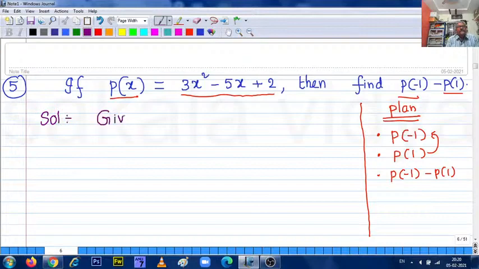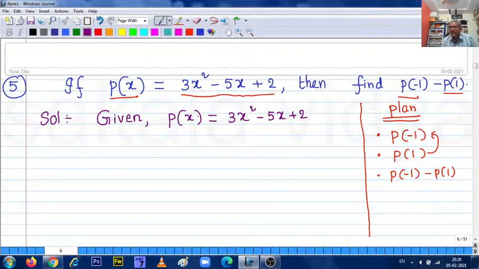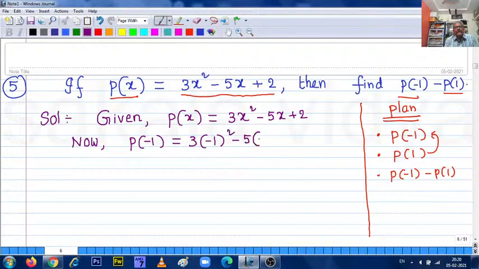Given, this is the given data: p of x equals 3x square minus 5x plus 2. First, p of minus 1 we need to find. How to find p of minus 1? In the place of x, write minus 1. That is 3 times minus 1 square minus 5 into minus 1 plus 2.